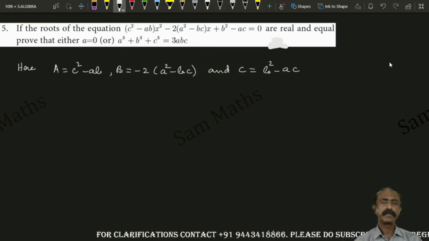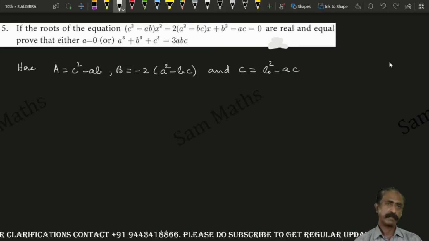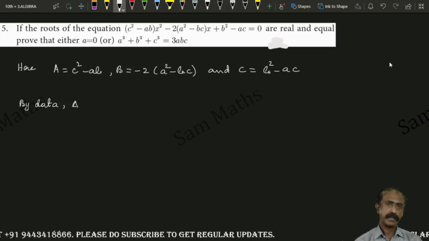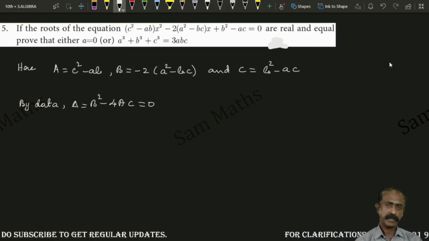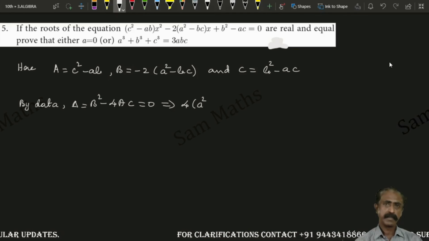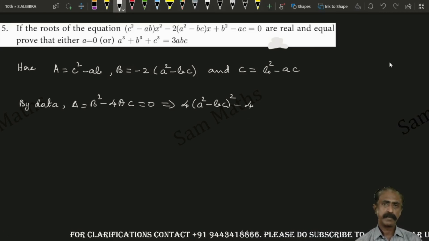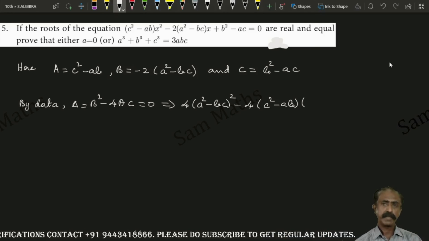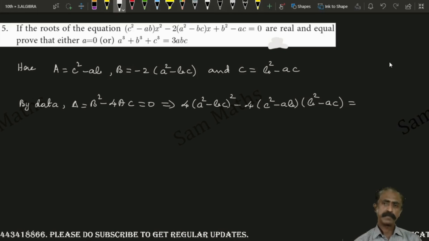Here we have to consider the roots are real and equal by data. Delta is equal to b square minus 4ac equal to 0, which implies b square value, that is plus 4 into (a square minus bc) the whole square, minus 4 into a value, which is (c square minus ab), into (b square minus ac), equal to 0.